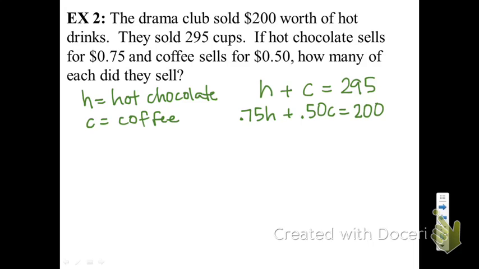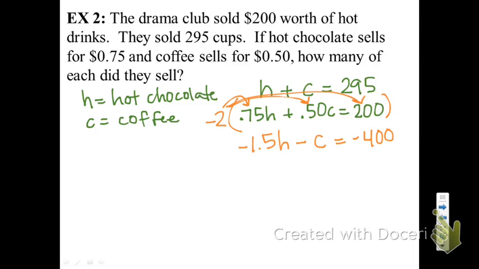Alright, once you have set up your system, you're going to decide by elimination how to solve this. So we can do multiple things here. One of my classes said, let's multiply the bottom one by -2. So if we distribute that -2 all the way through, it gives us -1.5H, or $1.50, minus C equals -400.